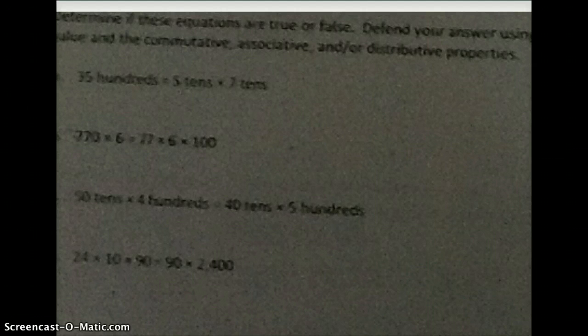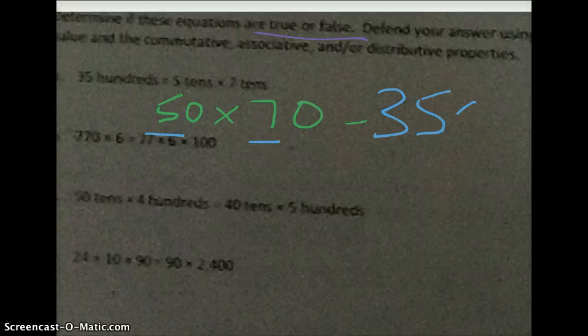For these next problems, for number 2, you need to determine if they are true or false. And how you're going to determine them is by solving them. So I want you to solve the multiplication. So you need to rewrite it. 5 tens is 50. Times 7 tens is 70. You need to figure out what 50 times 70 is. I take 5 times 7 and get 35, and I add 2 zeros because there's 2 zeros in those two numbers.